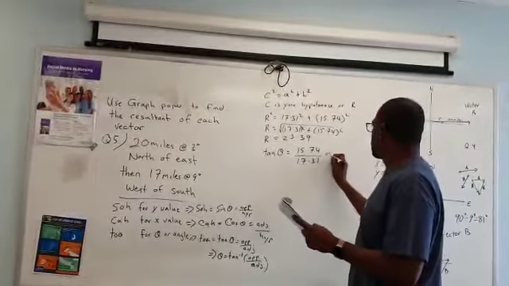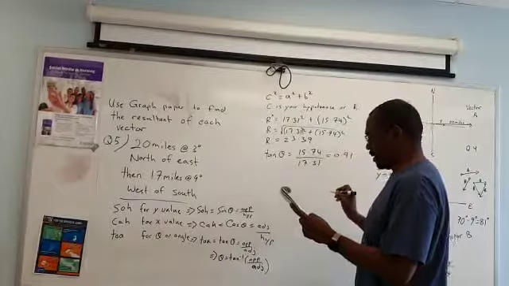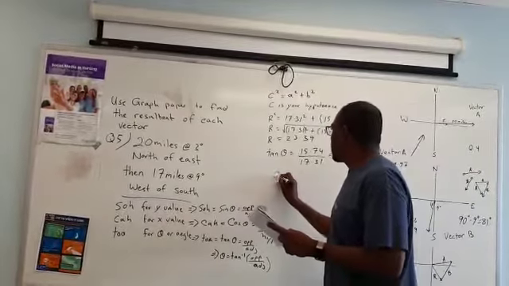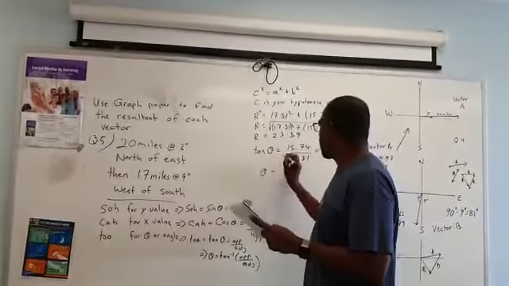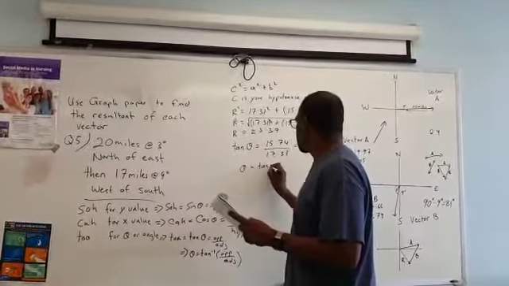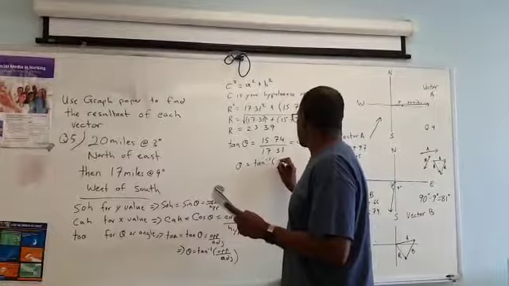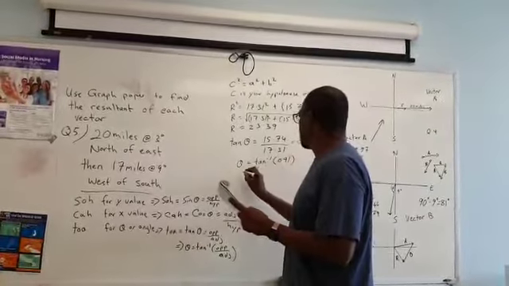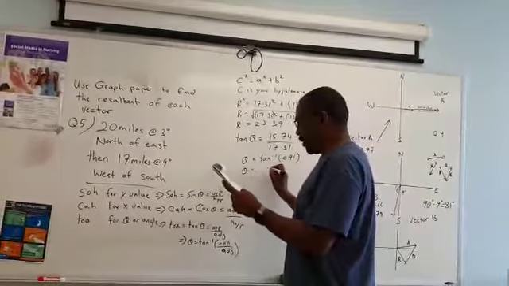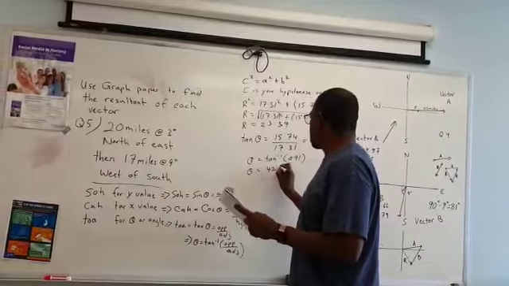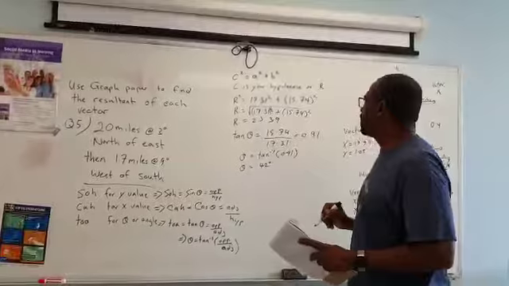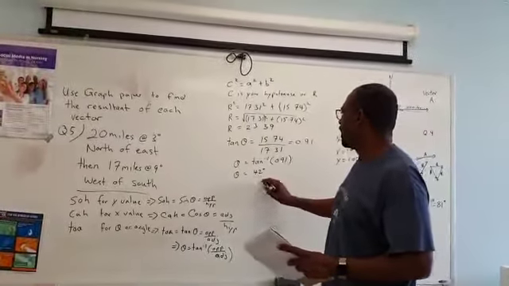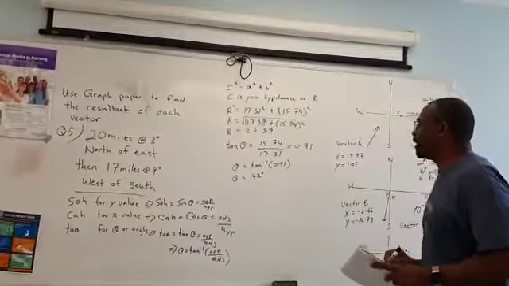This is equal to 0.91. So to find theta, you take the inverse, tan inverse of 0.91. So theta equals 42 degrees. So we know we have a length of 23.39 and an angle of 42 degrees.